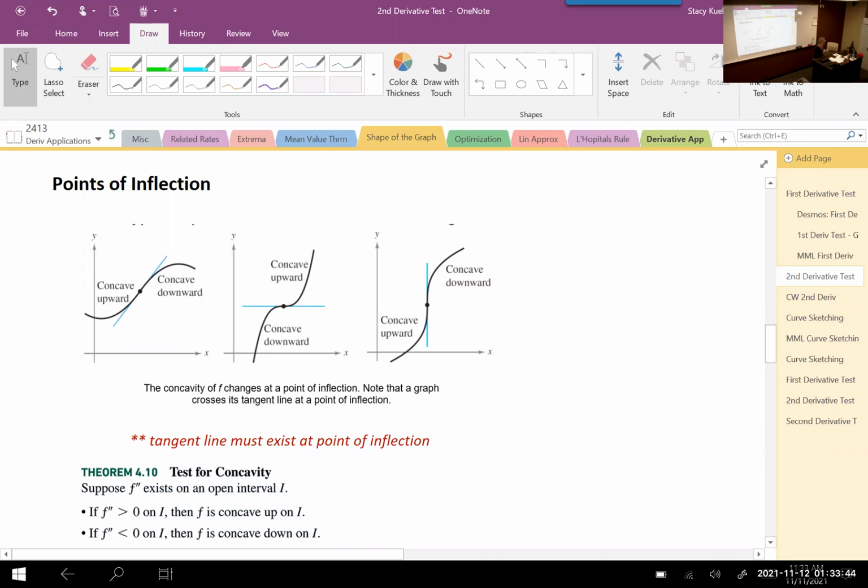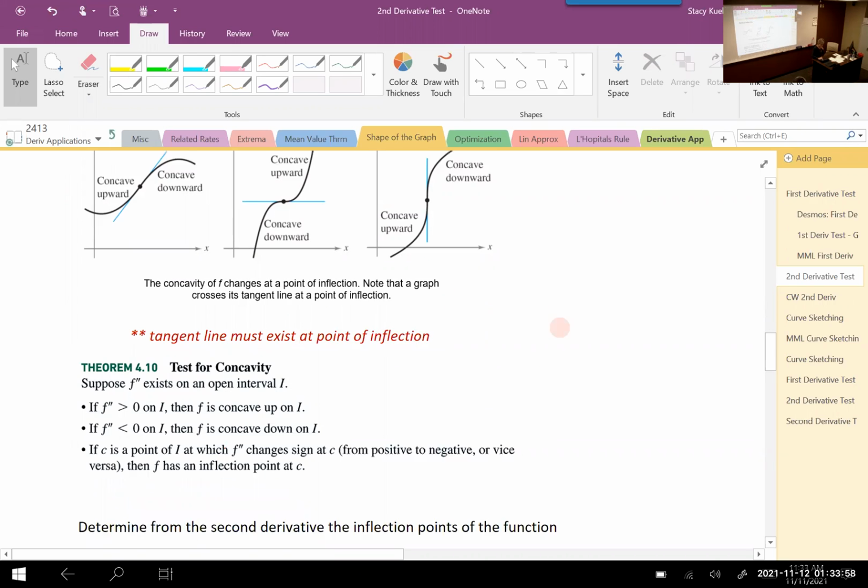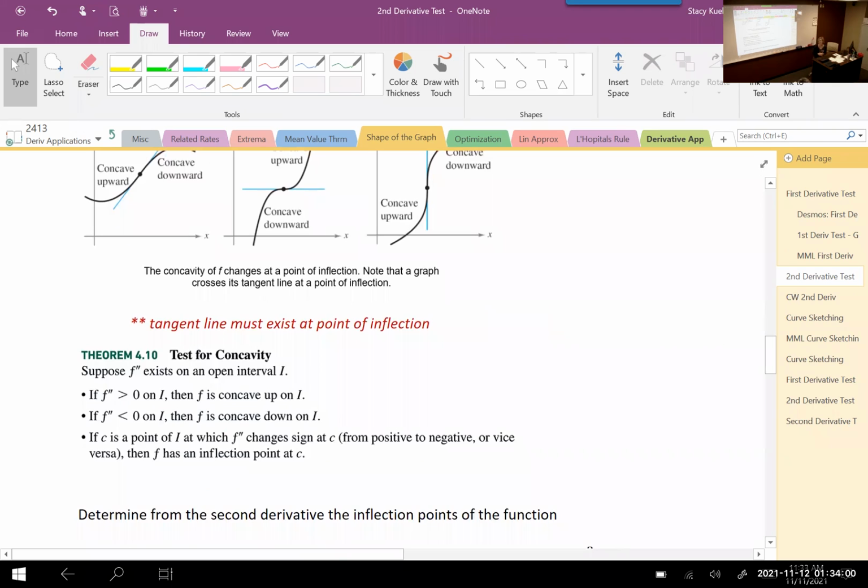Tangent lines must exist at the point of inflection. Just because you have concave up and concave down does not necessarily mean you have an inflection point. That's what that means. So this then becomes important. Our test for concavity, we know two of the bullets, but I want you to make sure you understand. We are going to suppose that the second derivative does exist at all of the points on that open interval.